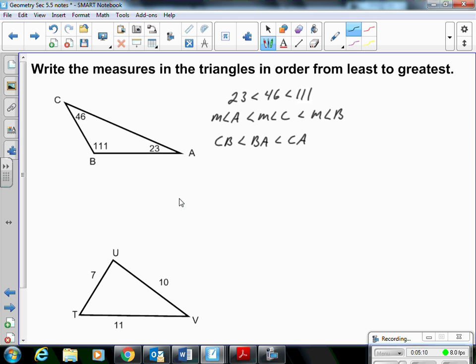So the next one, we're going to use the sides and put the angles in order, right? So we look at the side lengths here. TU is 7, which is the smallest side. So that's going to be less than the next one, which is 10, UV. And that's less than 11. So for the sides, 7 represents UT, 10 represents UV, and 11 represents TV.